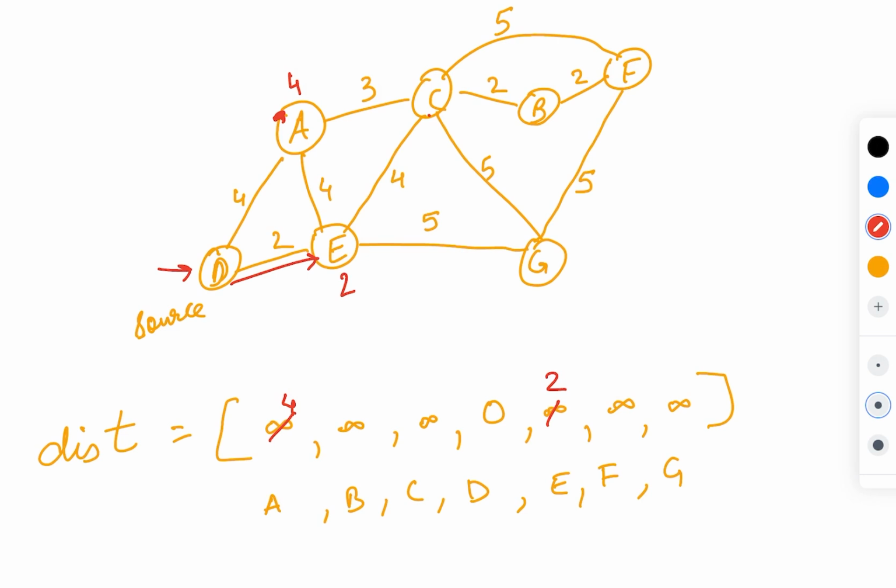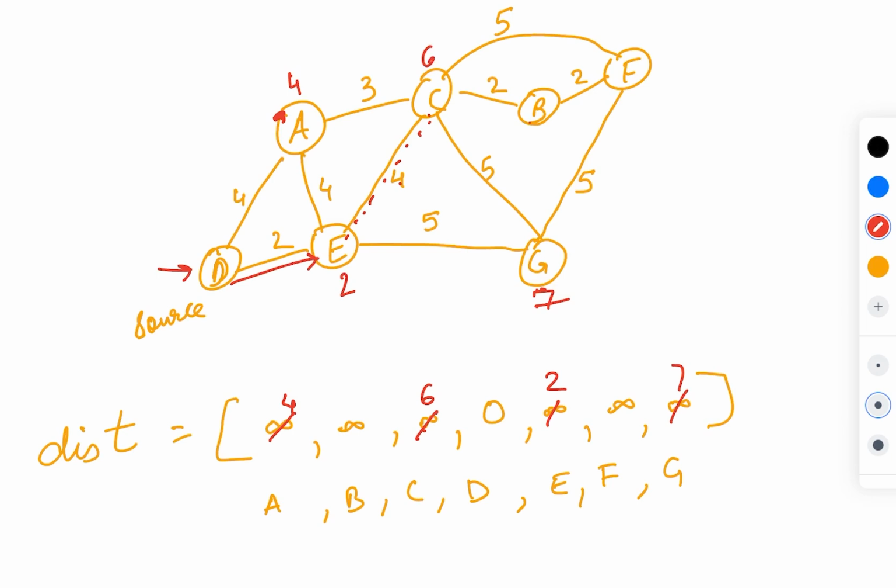Now, in order to reach C, I'll add these values in C. So this is 4 plus 2, 6, or 4 plus 3, 7. So this is shorter. So I'm going to take this route, and to reach C, it is 6 now. So it comes out as 6. And here the shortest path for G is directly from E. So 5 plus 2, 7. So this becomes 7, and to reach G it is 7, and here it is 6.